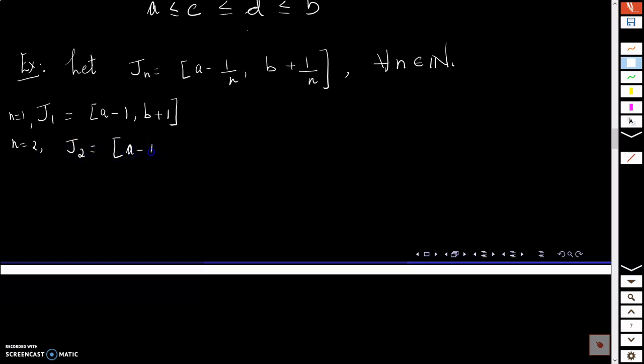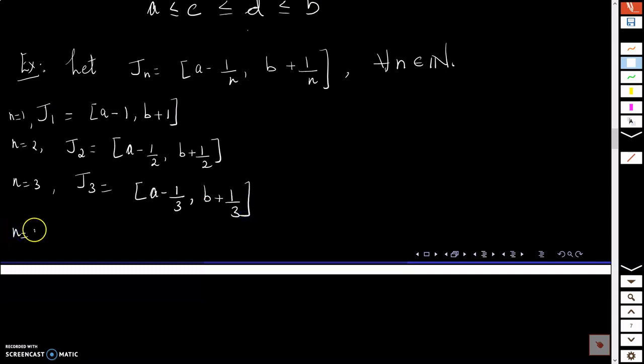A minus 1 by 2, so a minus half comma b plus half, right? So I'm just substituting the values of n in this set here. So for n equal to 3, what will I have? J3 is equal to a minus 1 by 3 comma b plus 1 by 3.